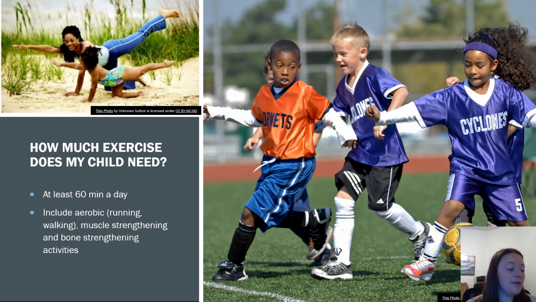Strong evidence also demonstrates that regular physical activity lowers the risk of early death, coronary heart disease, stroke, high blood pressure, adverse blood lipid profile, which is like your cholesterol levels and the fats in your blood, type 2 diabetes, breast and colon cancer, and metabolic syndrome. It can also reduce depression in children as well.